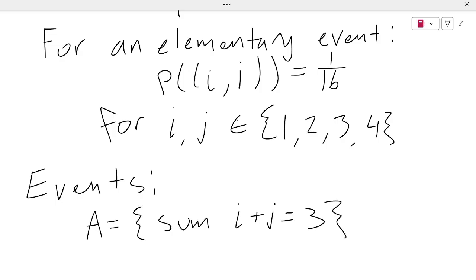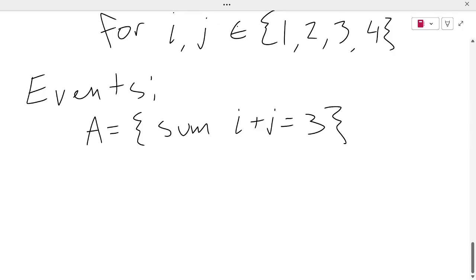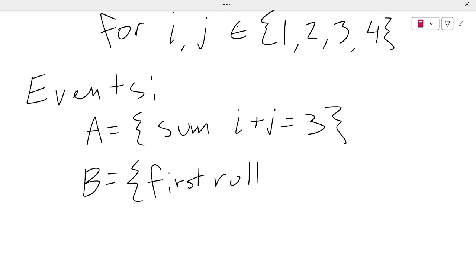Okay. Event B will be the first roll is a 2. And then C, how about for C, both rolls are the same?